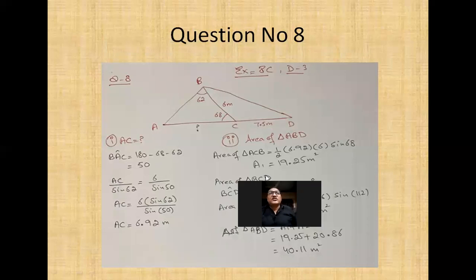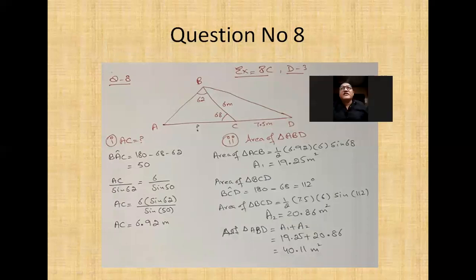The next question coming up on your screen is question number 8, from exercise 8C, and let me read it from the book. The diagram which was given in the question, I have also drawn, and you can see that.